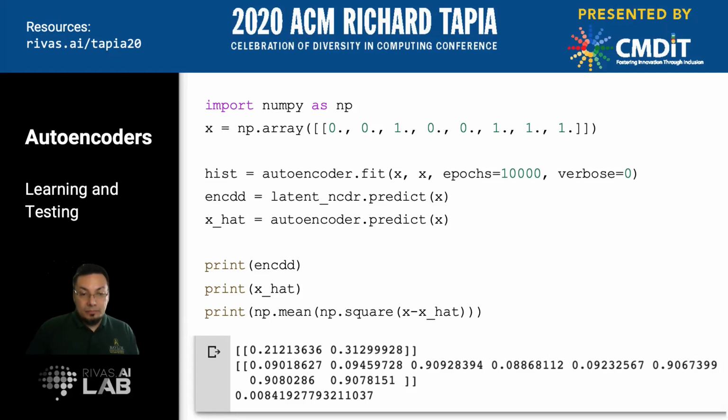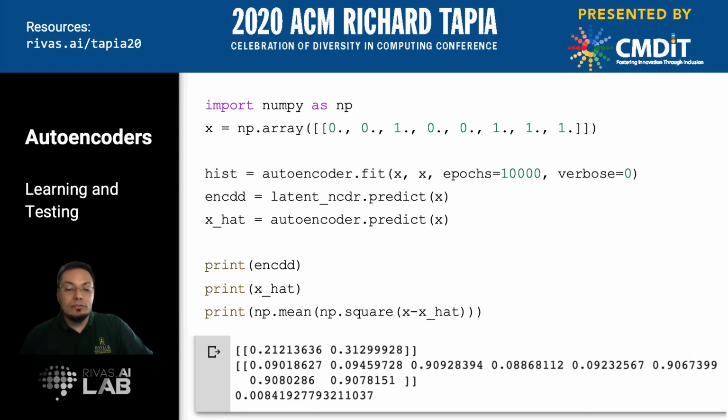So if I print encoded, we will see something like this. Because of the randomness in an autoencoder and its unsupervised nature, these are likely to be different for you than for me.